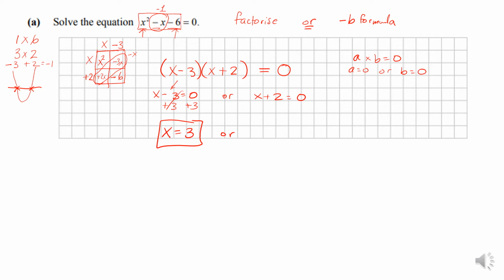For the second one, we take 2 from both sides, and we get x equals minus 2. So that is solved.